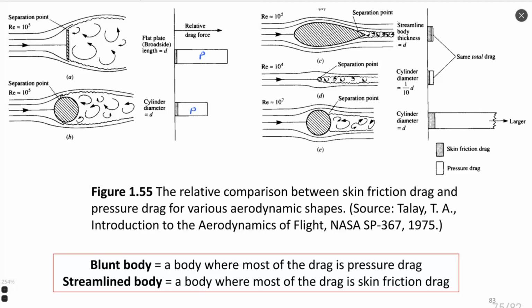Here on this legend, you can see that the white zone is pressure drag, or a drag created by pressure forces, and this gray zone is skin friction drag, created by viscosity and skin friction. For plate and cylinder, most of the drag has a pressure source.